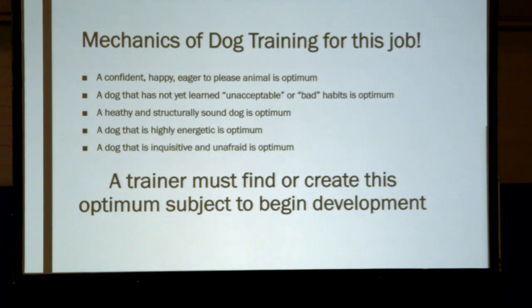So the mechanics of dog training for this job: a confident, happy, eager dog is what we have for optimum for training. A dog that has not yet learned unacceptable or bad habits is obviously optimal for training. A healthy and structurally sound dog is another optimum need. A dog that is highly energetic is optimum, and a dog that is inquisitive and fearful is optimum.